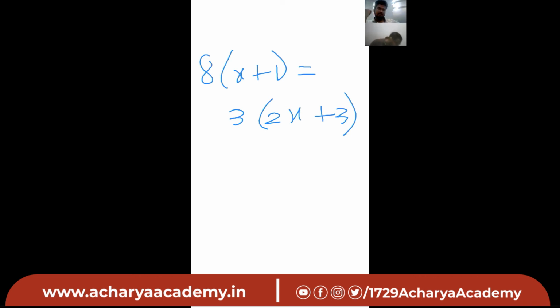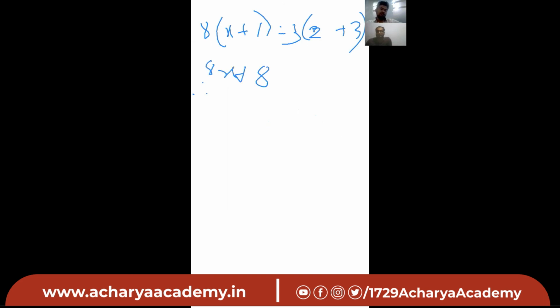For the people who haven't understood this question, let me tell. We had the question 8 into bracket x plus 1 equals 3 into the bracket 2x plus 3. So here we're going to multiply the x into the bracket, making it 8x plus 8 equals 3 into 2 is 6x plus 9.